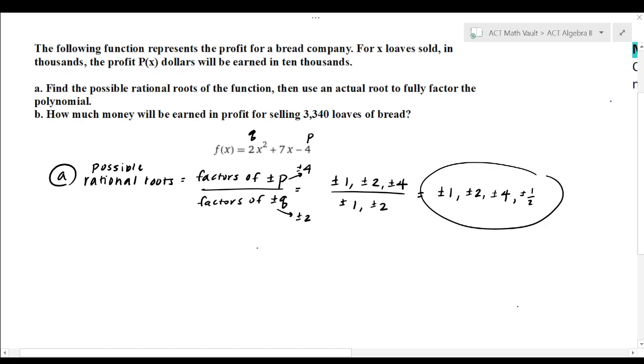We did this bit. Then use an actual root. Okay, so how do we know which of those numbers, 1, -1, 2, -2, 4, -4, 1/2, and -1/2, how do we know which ones are the actual roots, meaning the actual zeros of the polynomial?